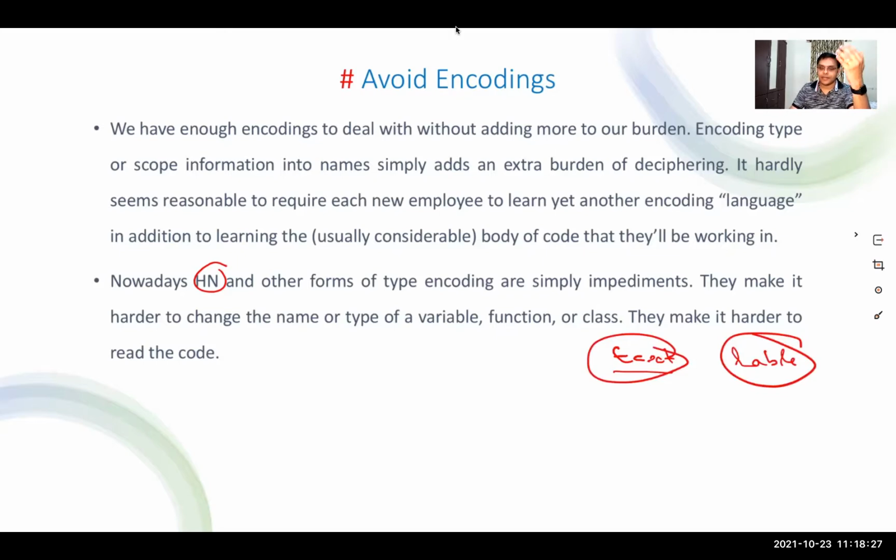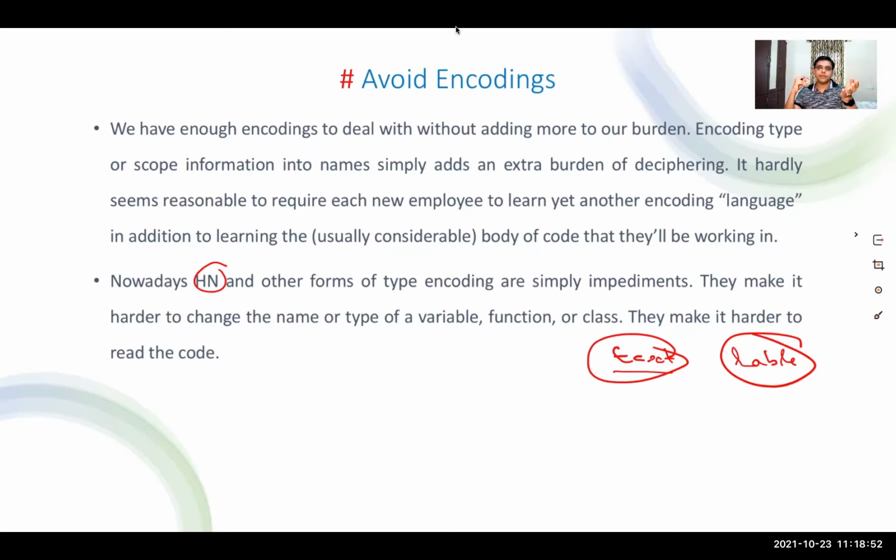Because earlier, without today's IDEs, it was very hard. We were using some kind of word processors to write the code. All those things were not there. We were writing code in a kind of word processor, which was very difficult. I did not know, when looking at a particular variable, what type that variable was. So I added that Hungarian notation, which was required at that point of time.